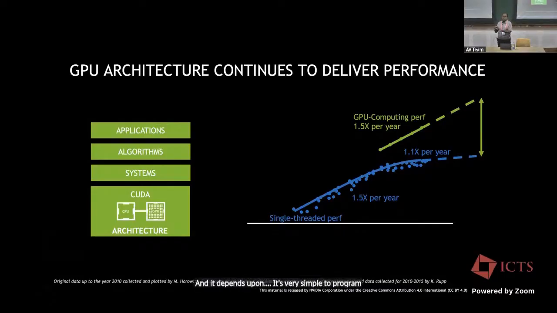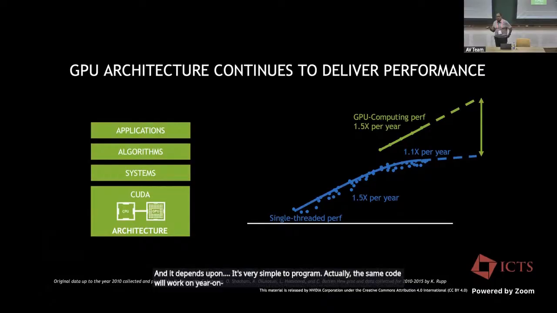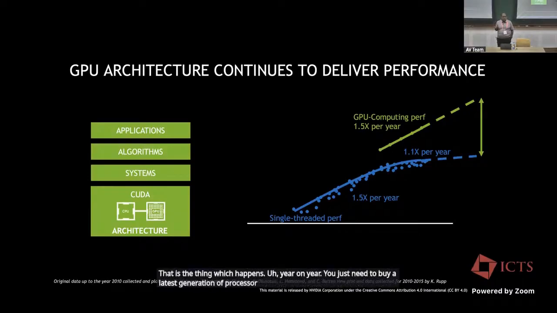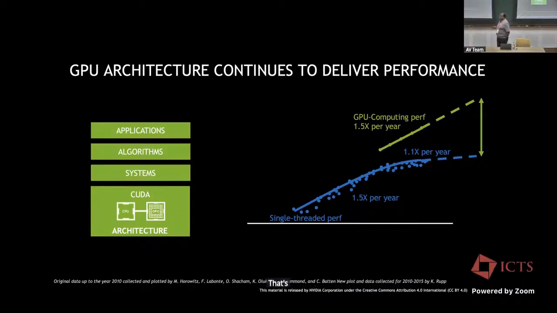Actually, the same code will work year on year on different processors. With a higher speed processor, your code is going to run faster, right? That is what happens year on year. You just need to buy the latest generation of processor and the code will run faster. That's it.